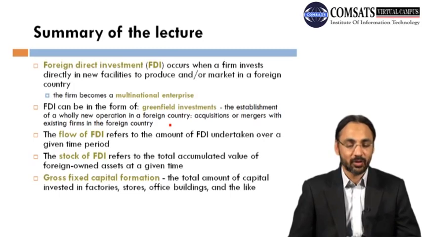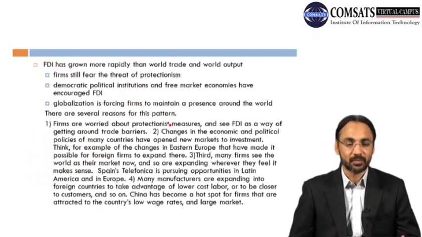And the last one is gross fixed capital formation. Gross fixed capital formation means FDI in physical or fixed assets, such as stores, factories and office buildings, and this sort of investment is considered gross fixed capital investment.